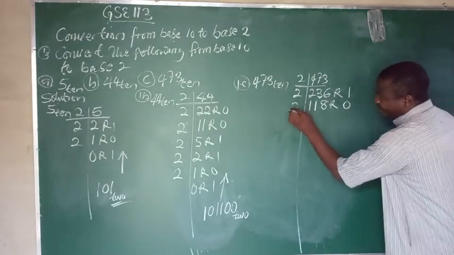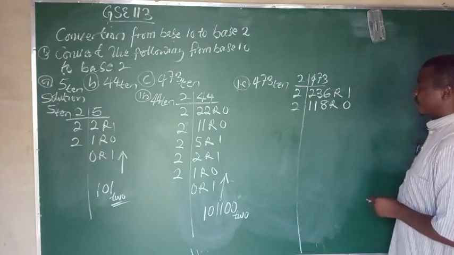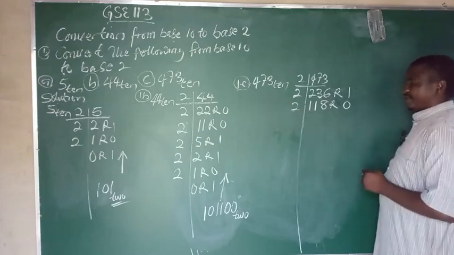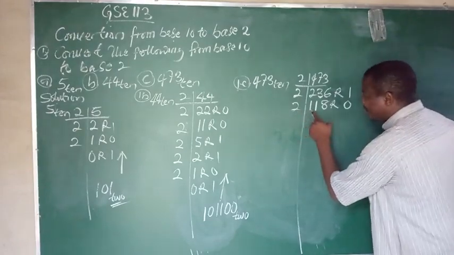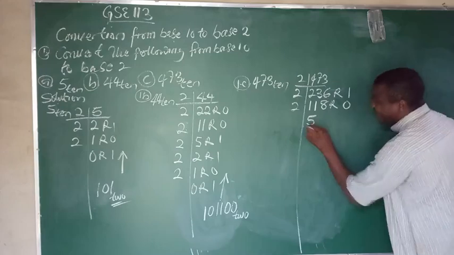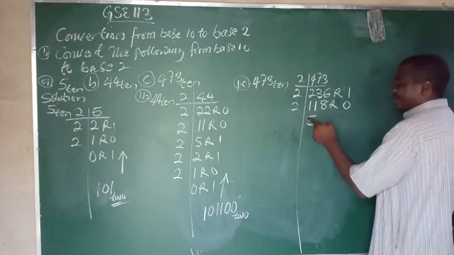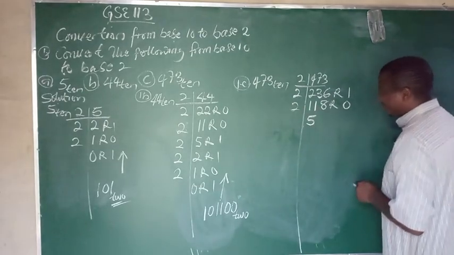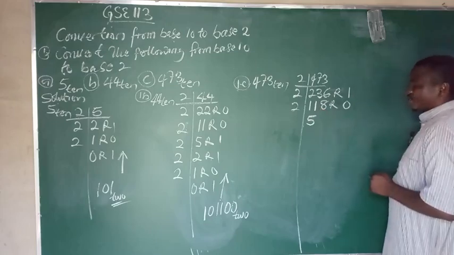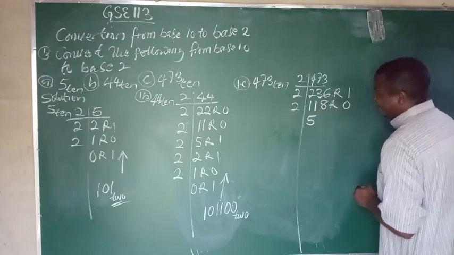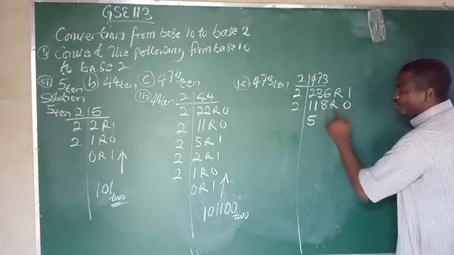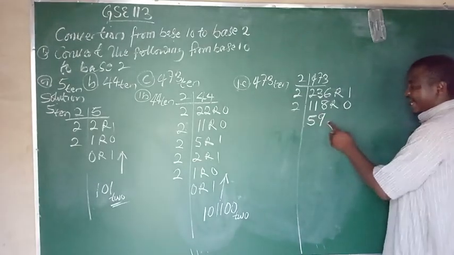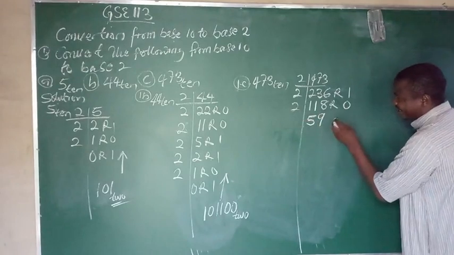Then the third stage, 2 into 1, it will not go. Then we say 2 into 11, it will go 5 times. 5 times 2 is 10. It means we have remainder here 1. So the remainder we merge it with this 8, it will be 18. Then we say that 2 into 18, it will go 9 times. 9 times 2 is 18.